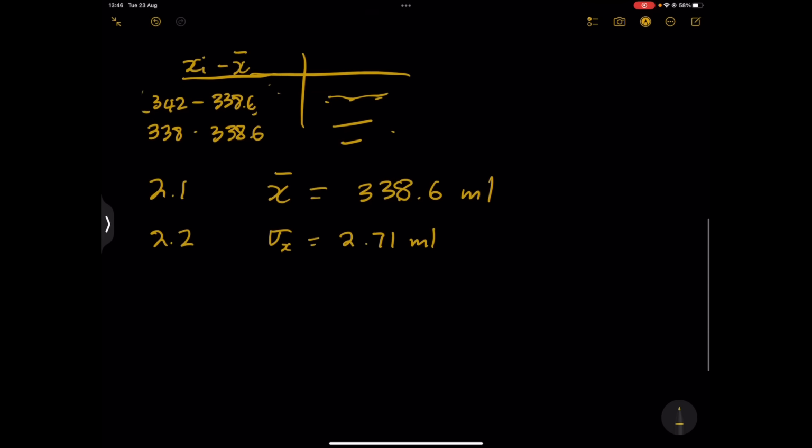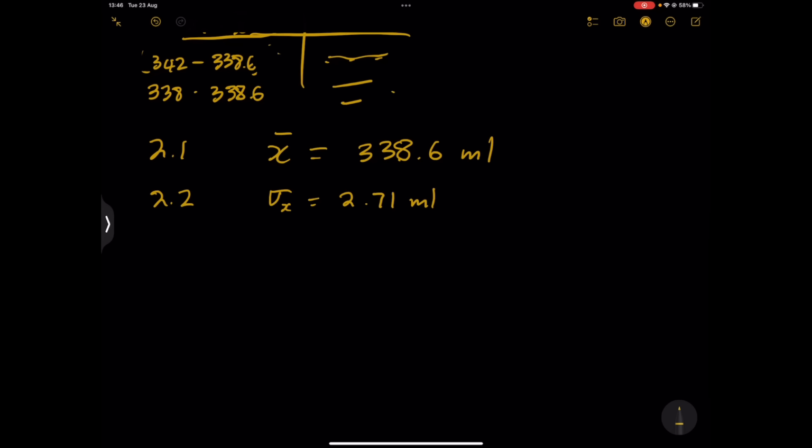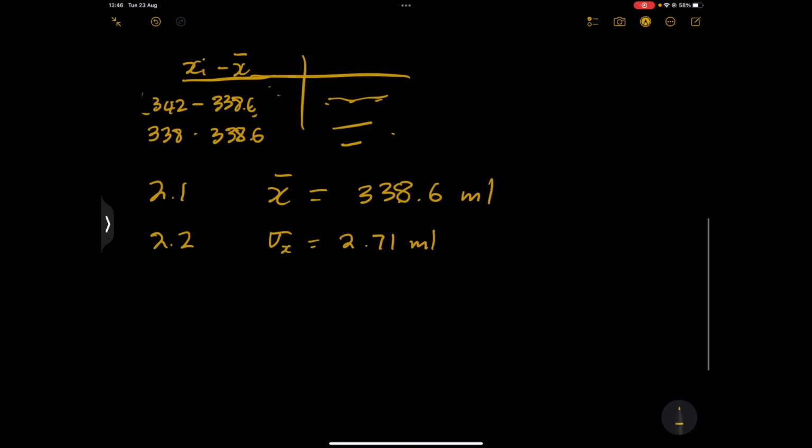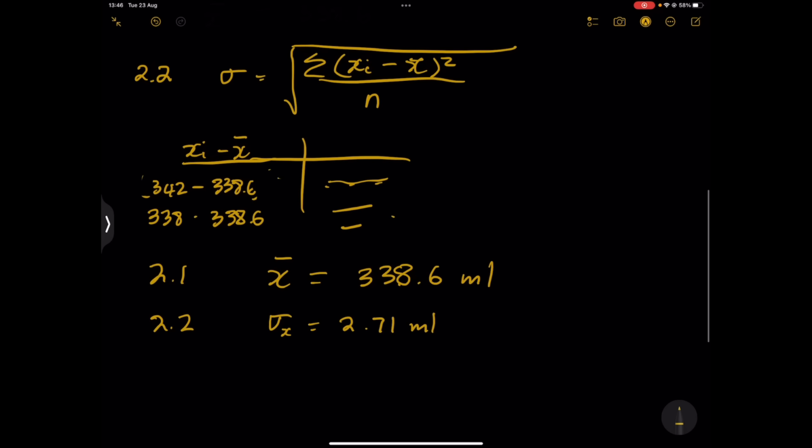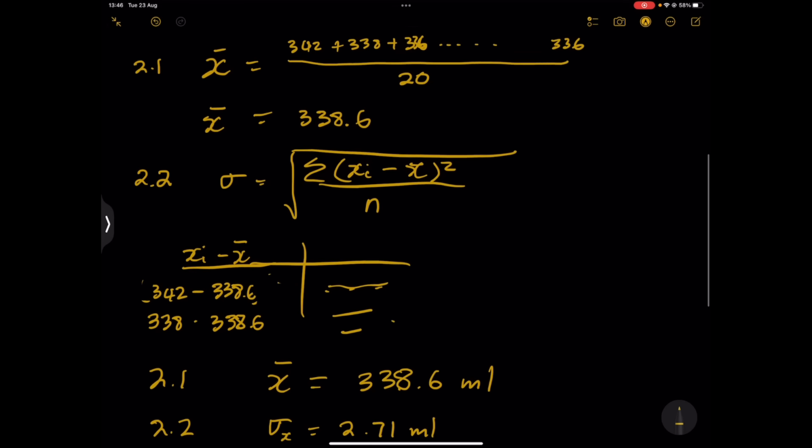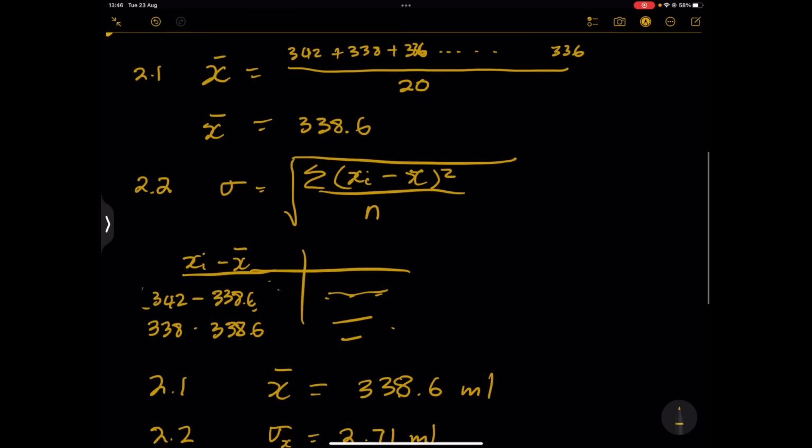So that means our standard deviation simply tells us what margin of error we have in the data points.